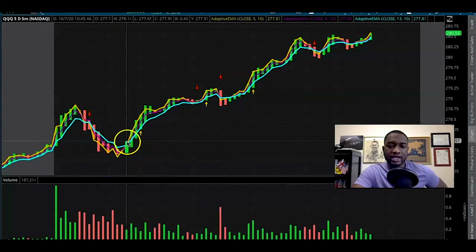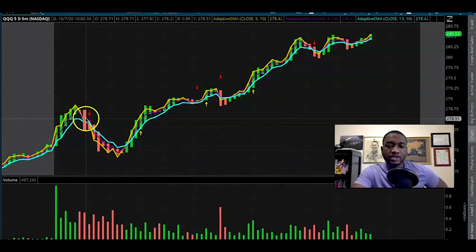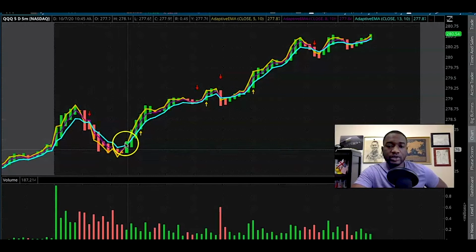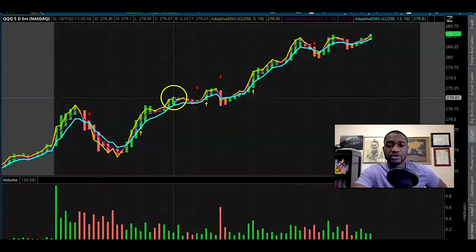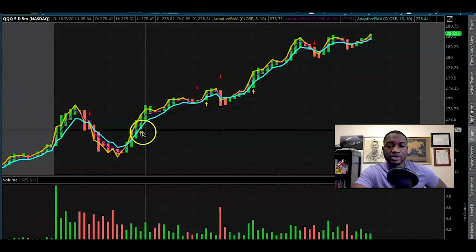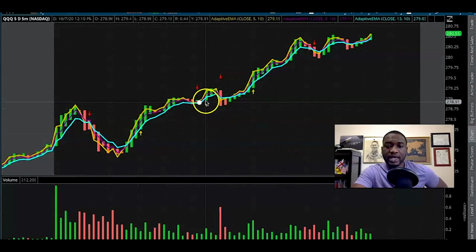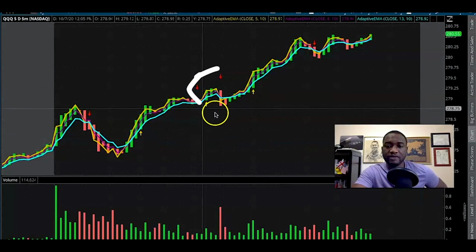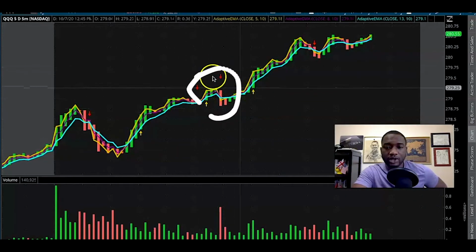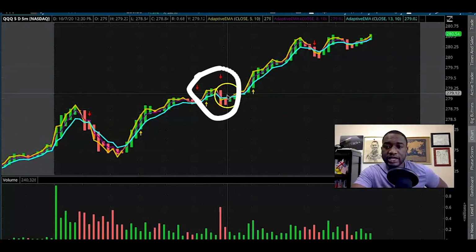So yeah, right here when they cross, this was a good signal. Right here when they cross, this was a good signal to short. Right here when it crosses, a good signal to buy calls. And you see the histogram indicator, that is a good signal. And then here, this is where sometimes the false signal comes in. But to be honest, it's just the nature of the stock.